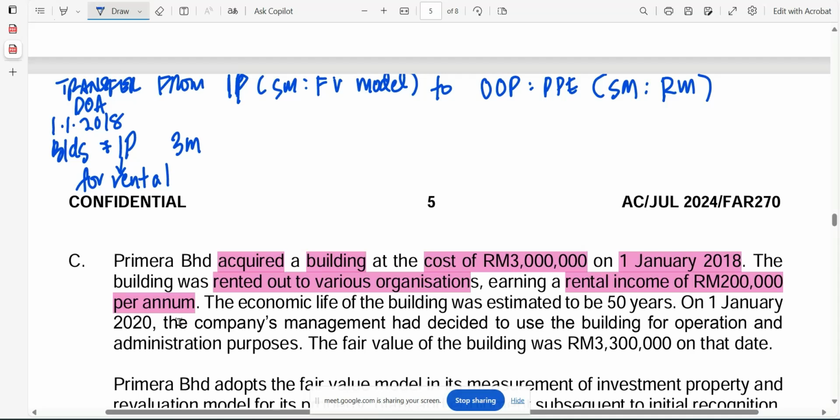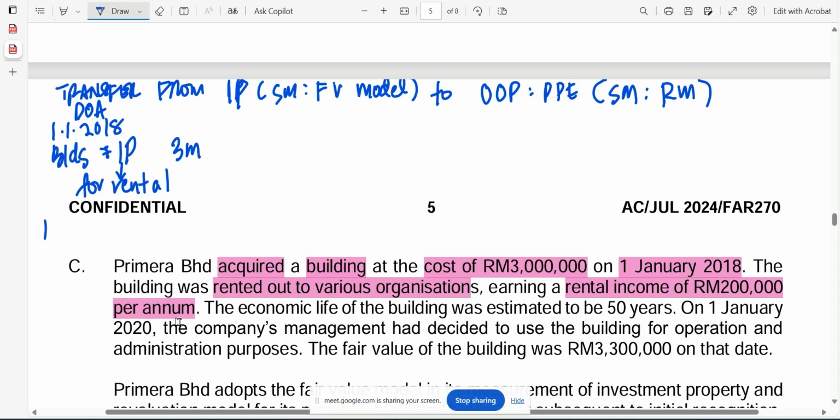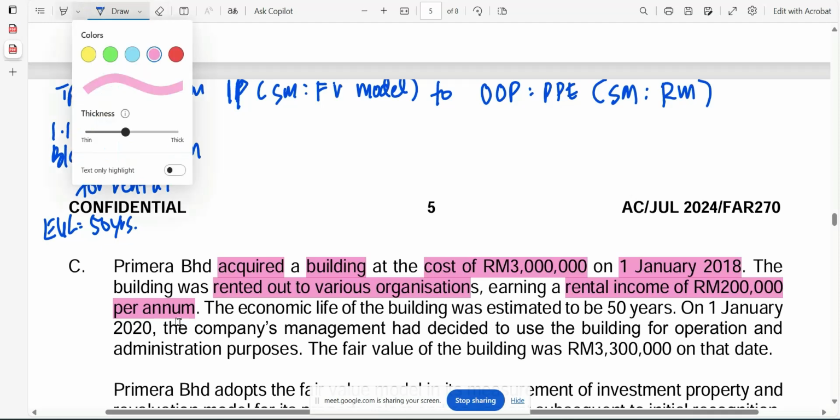On that date, which is 1st of January 2018, the expected useful life is 50 years. And then later, on 1st January 2020.